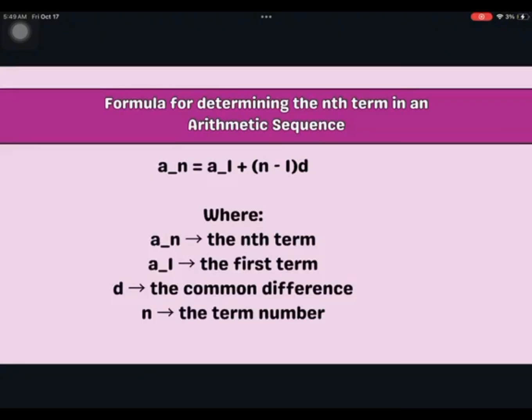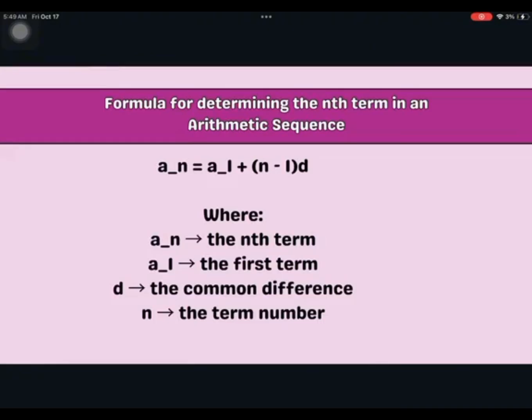And a sub 1 is the first term, as I just said. It is the starting number in a given arithmetic sequence. And d, the common difference, is the number we will be adding to the preceding or previous term so that we can get the succeeding term or the next term.